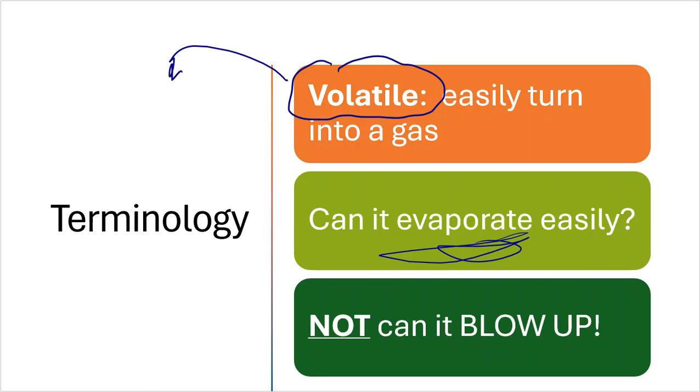As far as volatile goes, many times our organic solvents that we use in the manufacturing realm or in a laboratory setting are notoriously known as being very volatile. A lot of the organics, a lot of the typical solvents, we try to find the cheapest that we can, but at the same time, we also try to find things that are very volatile that can easily evaporate.